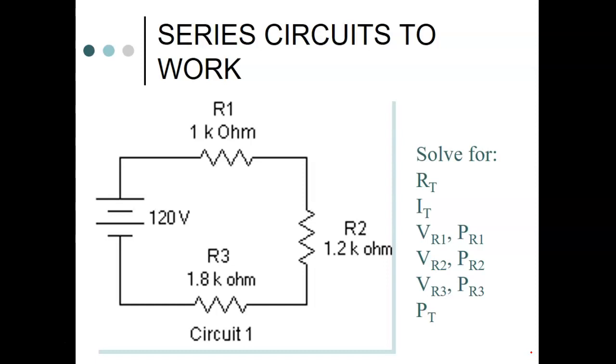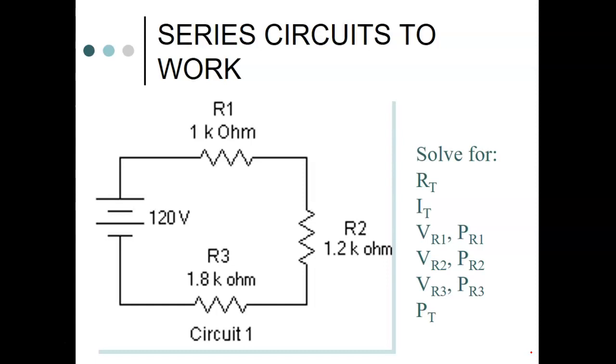But these are 1 kilo ohm, 1.2 kilo ohm, and 1.8 kilo ohm. And that is 120 volts. I'm trying to make sure I do this the right way for y'all. So everybody should be set up, right?